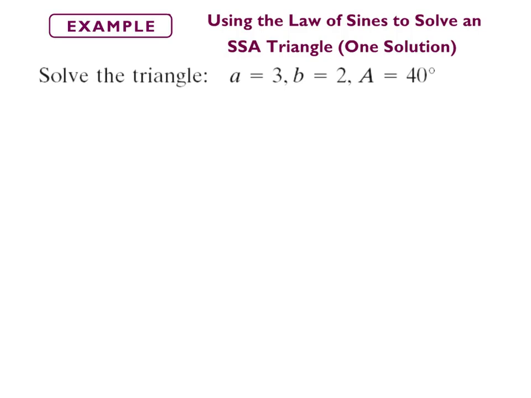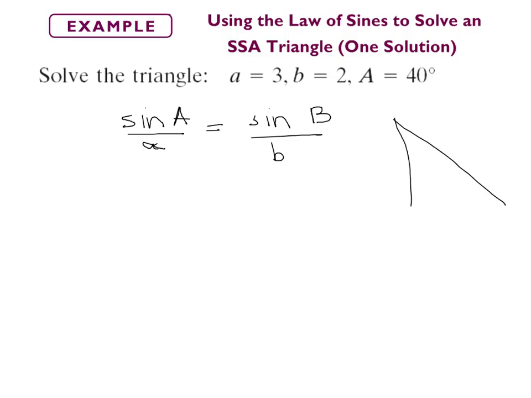We have here, this is going to be one solution. So we have the sine of A over A equals the sine of B over B, right? So let me just draw a triangle here.